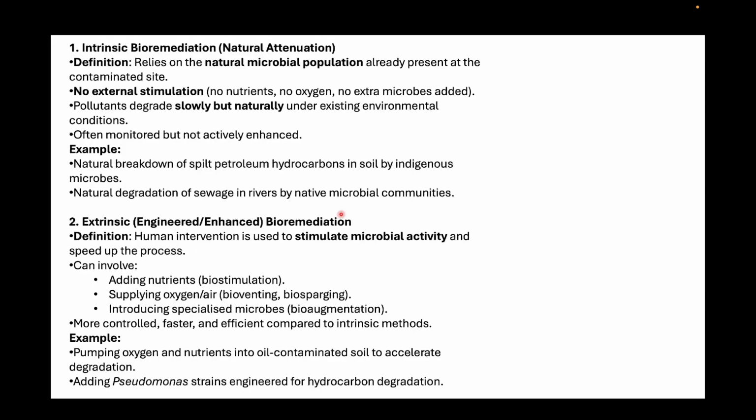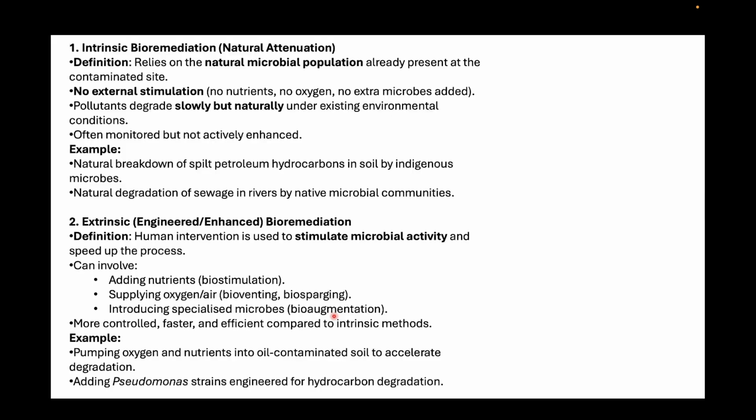Here this process involves adding nutrients, like biostimulation when nutrients are added, supplying oxygen or air like bioventing or biosparging. This is what we saw. Introducing specialized microbes, like bioaugmentation.